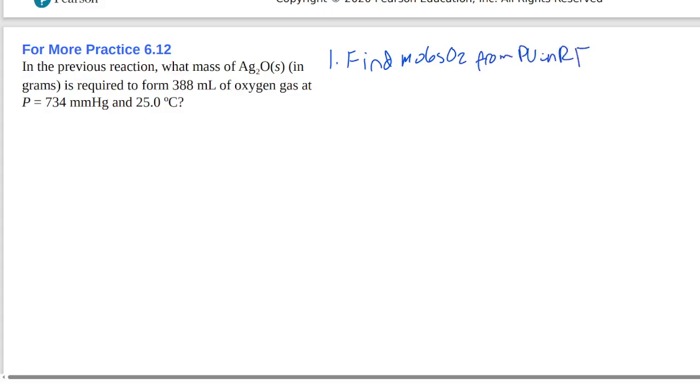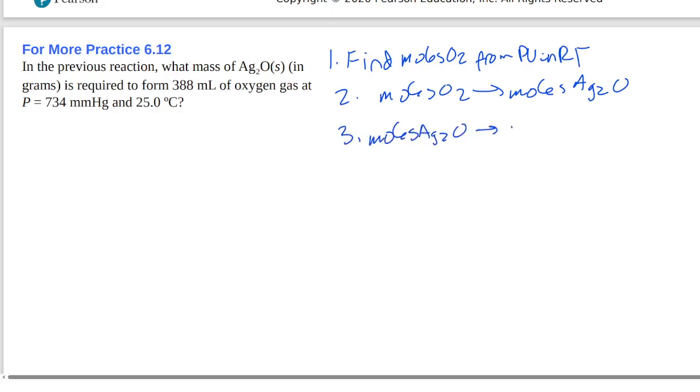Then we're going to convert moles of O2 to moles of Ag2O from the balanced equation, and then convert moles of Ag2O to grams of Ag2O.